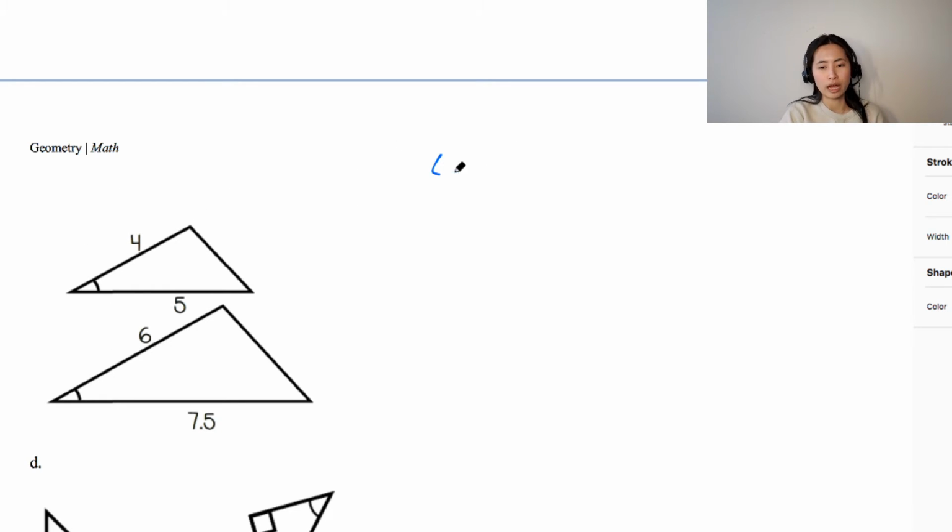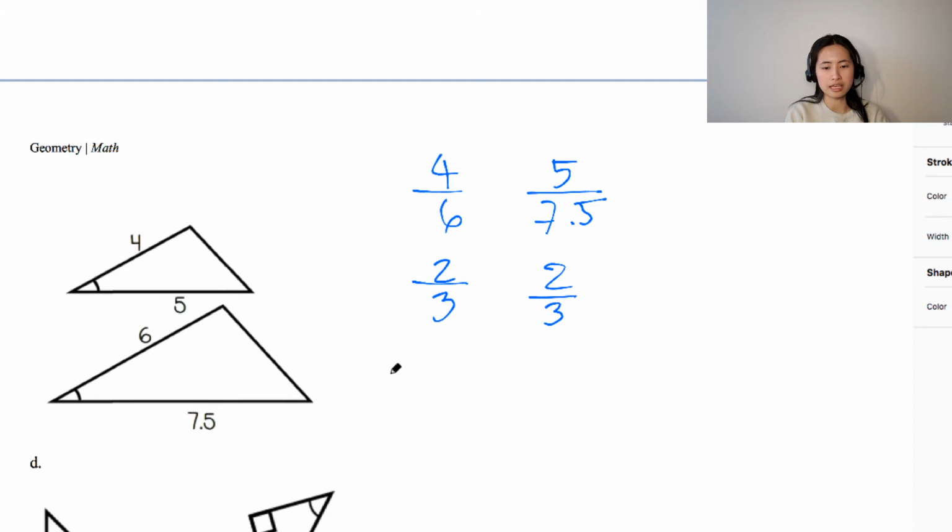I'm taking 4 divided by 6, and I'm also evaluating 5 divided by 7.5. So 4 divided by 6 would be 2 over 3, and 5 divided by 7.5 should also be 2 over 3 if they were similar. So this is 2 over 3. And yes, it's similar, based on side, angle, side.